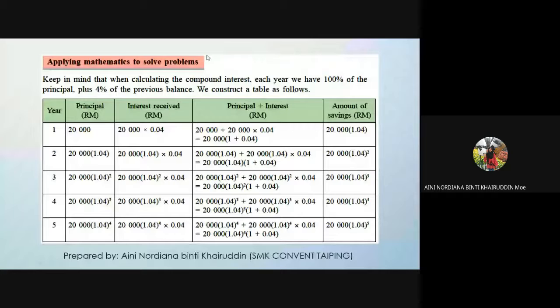For the first year, principal 20,000, interest received darab dengan 0.04. So principal plus interest, inilah. So this is amount of saving for the first year. This one for second year, third year, fourth year, fifth year.